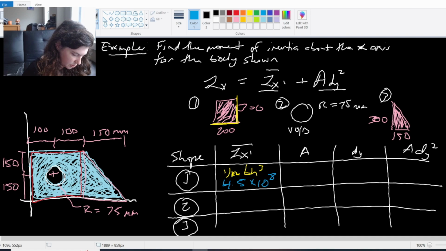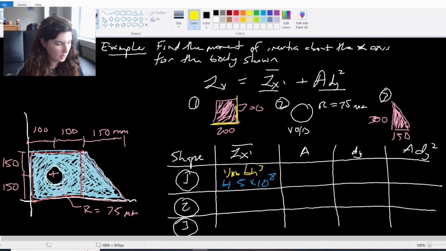Let's go ahead and pull the moment of inertia of all my shapes here. My next one down, my circular void, is going to have a negative centroidal moment of inertia. Everything in this will be negative for a void, so my area is negative, and my moment of inertia about the centroid x-axis is also negative. I'll go to my table and look up the x moment of inertia of a circle, and I see that it is negative 1/4 pi r to the 4th power.